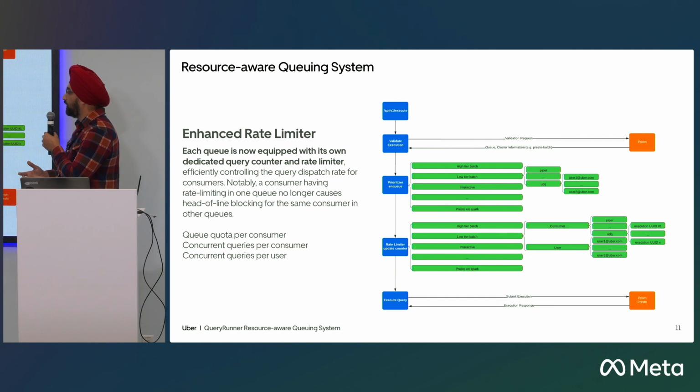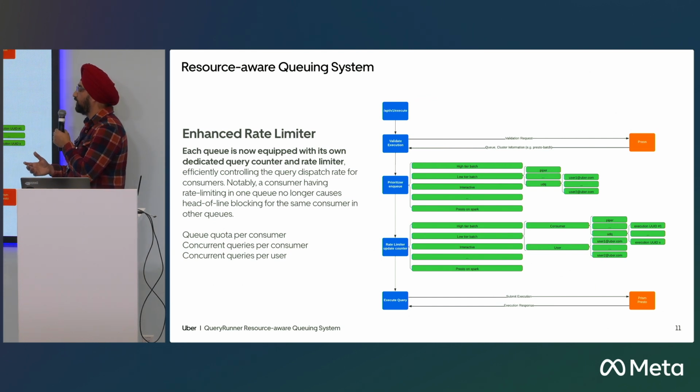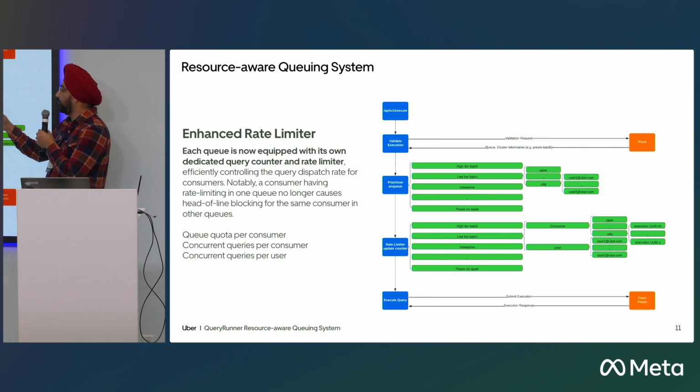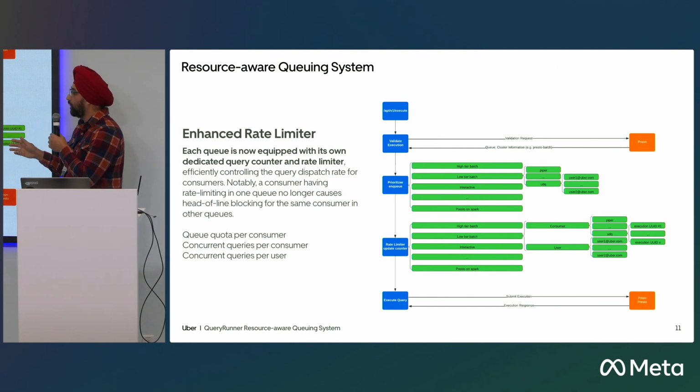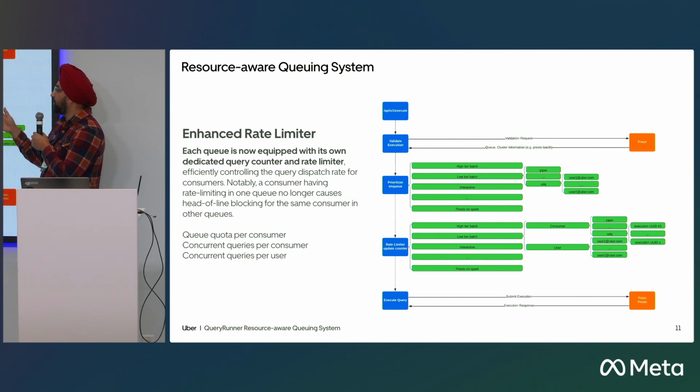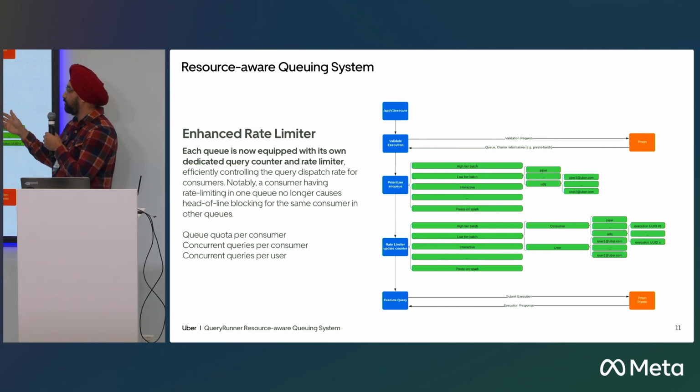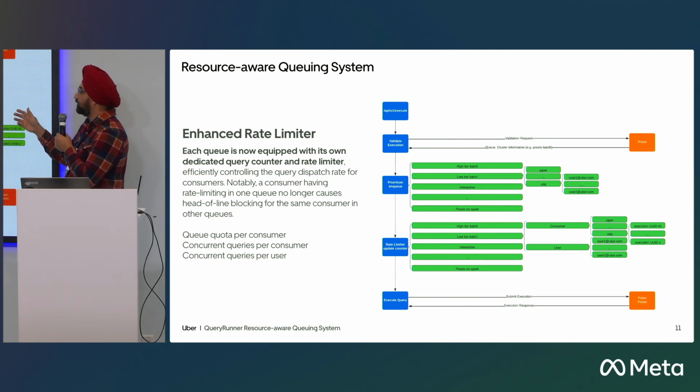Furthermore, within the queue, we differentiate between the consumer and the user. So in one queue, you can think of it as a sub-queuing within the main queue based on the consumer, which is like Piper, UDQ, and then furthermore based on the user under the same consumer.